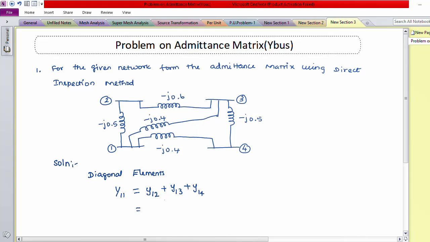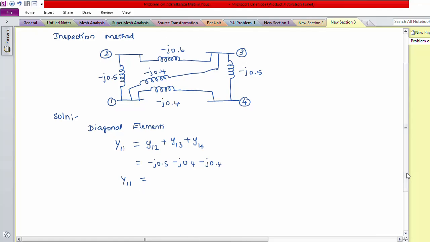All the given values are line admittances, so directly we can add minus j 0.5 minus j 0.4 minus j 0.4. If you add all these elements, we will get y11 equal to minus j 1.3.